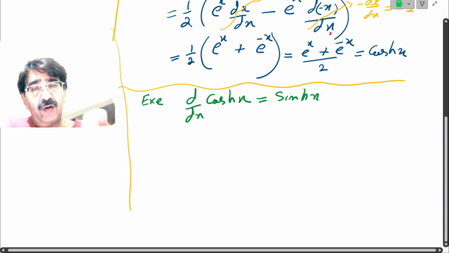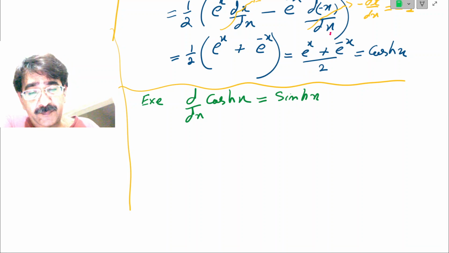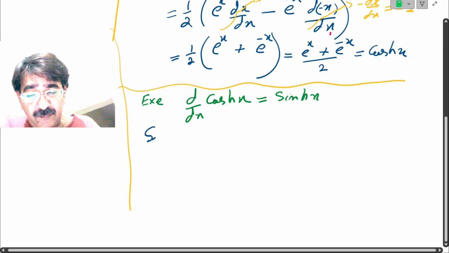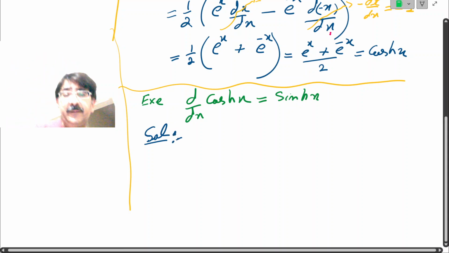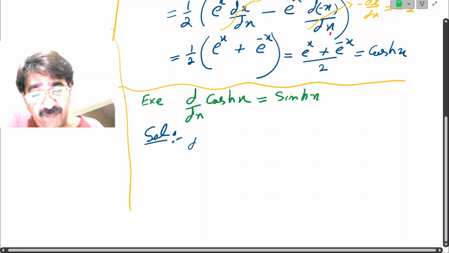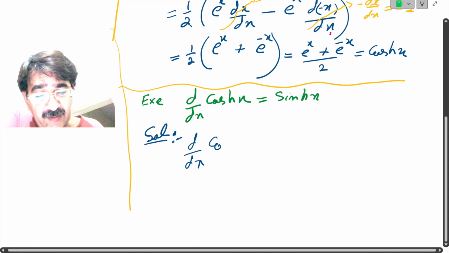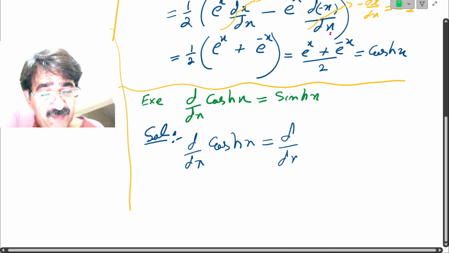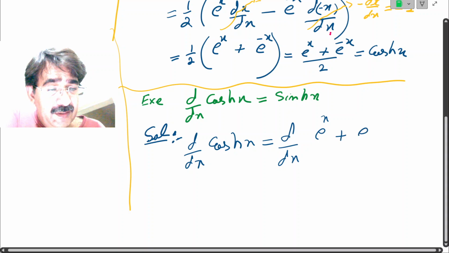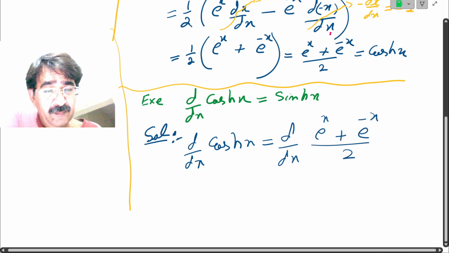Okay, so now I will try to prove it. Firstly, we will write the expression of cosh x in the form of exponentials, as we have done already, that will be (e^x plus e^(minus x)) divided by 2. 1 by 2 is a constant, so it will come out of the derivative sign.